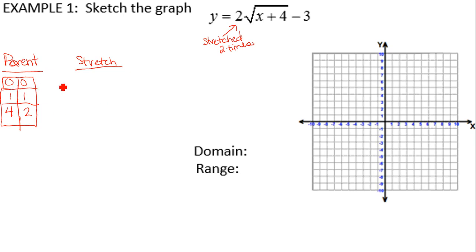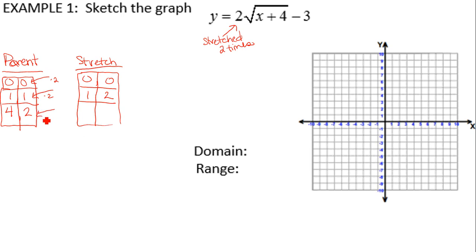What happens after I make this graph 2 times taller? Well, my (0, 0) point. 0 is still the x value. That's not a tall measurement. That would be the y value. So if I make the y value 2 times taller, if I take this y value times 2, does it change? No, it's still 0. What about (1, 1)? Now he becomes (1, 2), because I multiply that y value by 2.